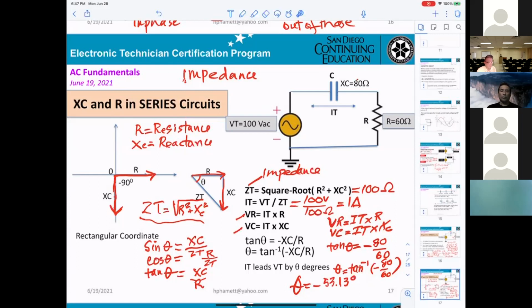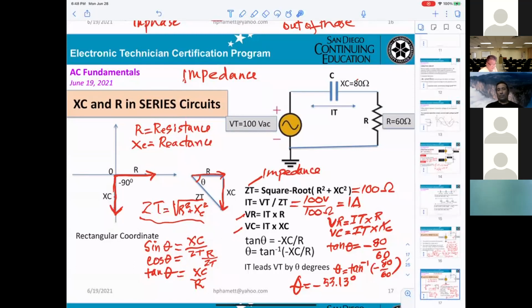Okay, up to this point, do you have any question on the RC series circuit? Yeah, I have a question. So VT is not equal to VR plus VC, right? Because it's not in series. The total voltage VT is not equal to the voltage in the resistor plus the voltage in the capacitor.